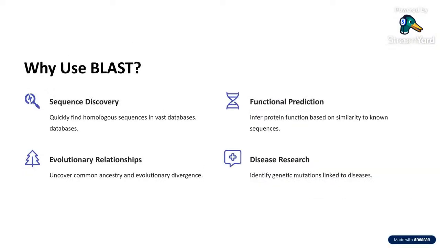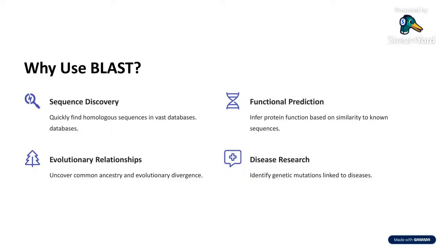Why do we use BLAST? Why do scientists across the globe rely so heavily on BLAST? First, it is effective for gene discovery, finding similar sequences across massive databases. Second, it allows function prediction. If our unknown protein aligns well with other known sequences, it might also act as a kinase.